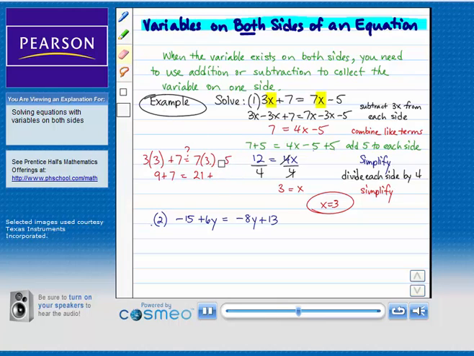Let's clean that up a little bit here. Okay, so 9 plus 7 is 16. And 21 minus 5 is indeed equal to 16. So that tells me that 3 is the correct solution. It works in the equation.